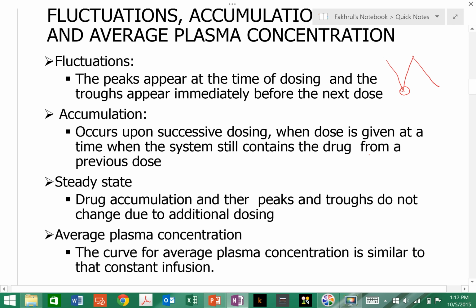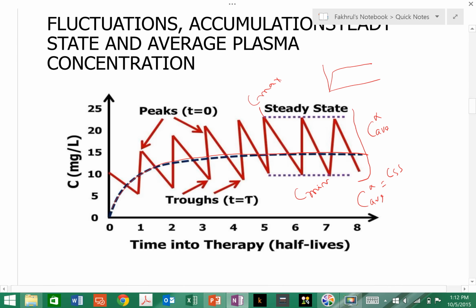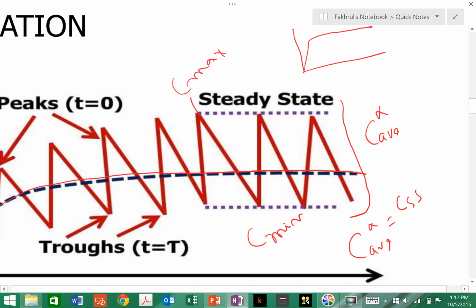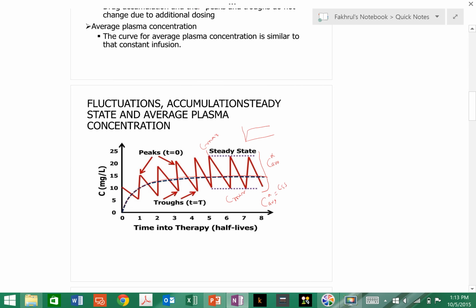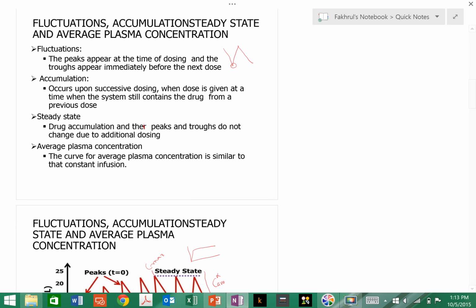And at steady state, drug accumulation and the peaks and troughs do not change due to additional dosing. At steady state, drug accumulation does not increase. It remains steady, and that's why it's called steady state. And it will fluctuate between Cmin and Cmax.